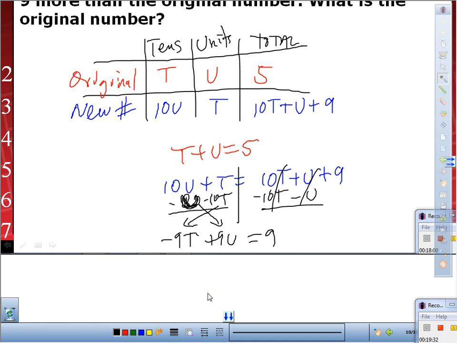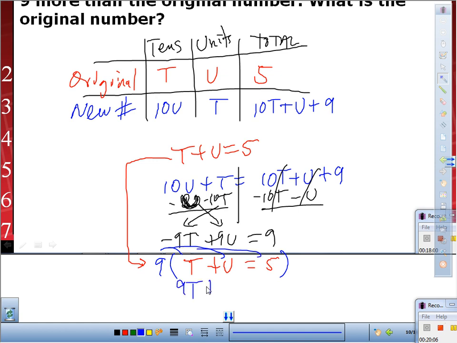Okay. So I bring down my original. Okay, it's in the 10th spot. The 10th digit. So, focus please. We got T plus U equals 5. So now we're going to eliminate the T, so we multiply the entire equation times 9.